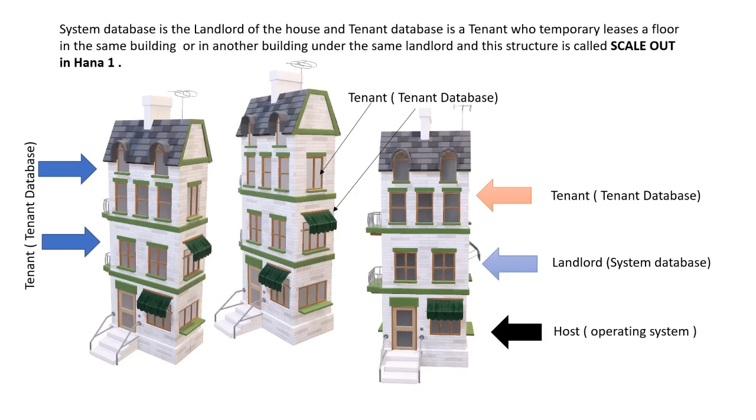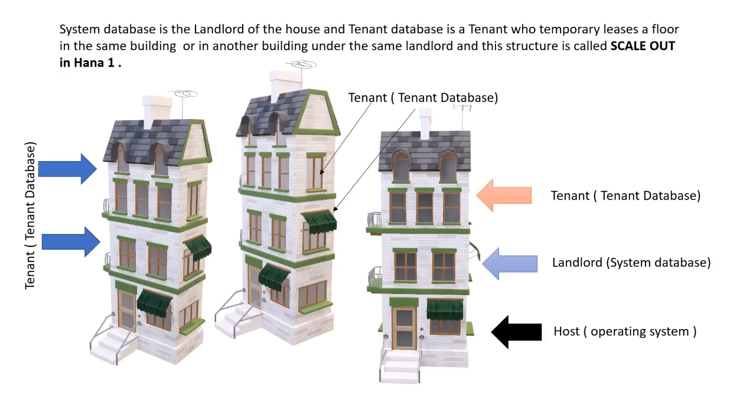Now he has multiple tenants staying in different houses. Suppose we have a tenant in house 1, 2 tenants in house 2, and again 2 tenants in house 3. The ground floor of all is considered the operating system, because these tenants reside over that and the operations are controlled by the operating system.